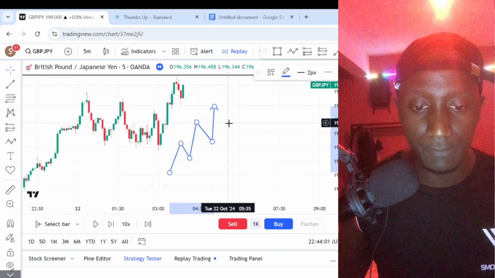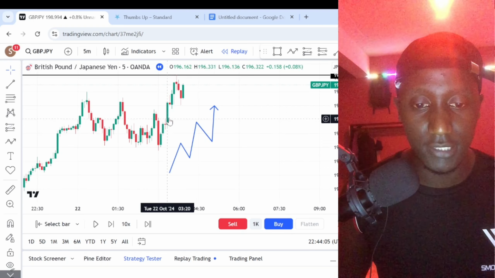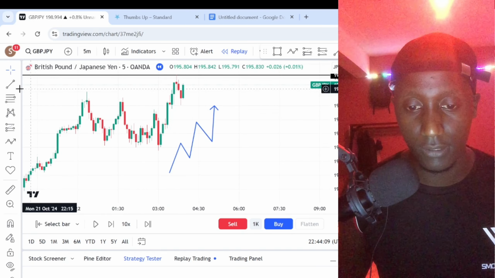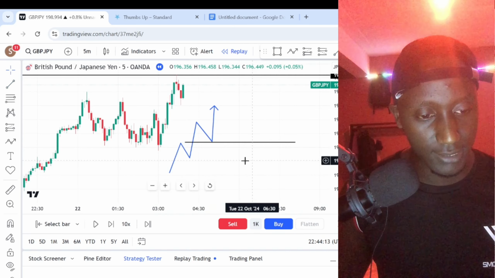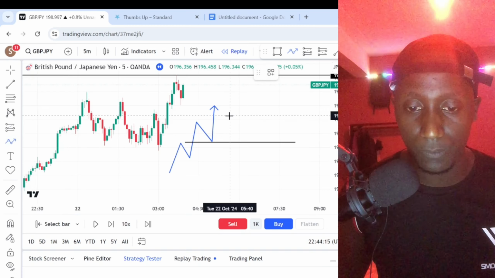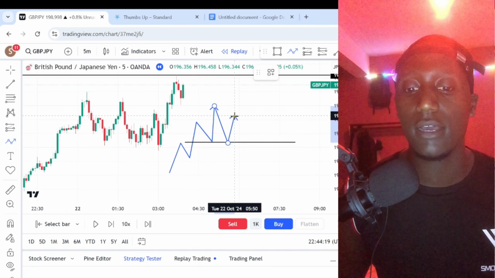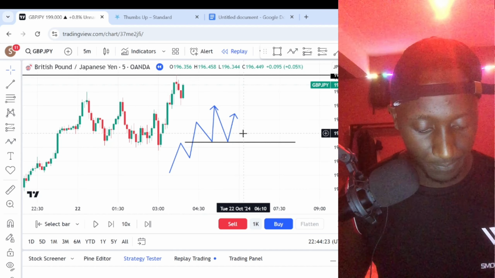For example, here, price goes, creates a high, creates this low, a high, creates this low, high, creates this low. But notice, if price comes back to that low and gets rejected, now you have a level. It's as simple as that.